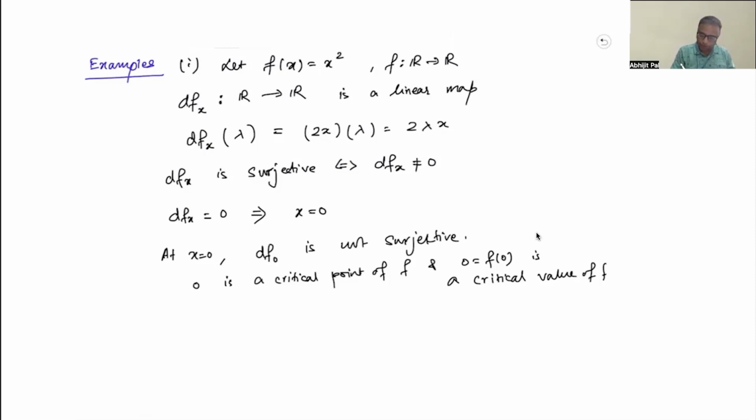If I take the graph of this function, the critical point corresponds to this point.